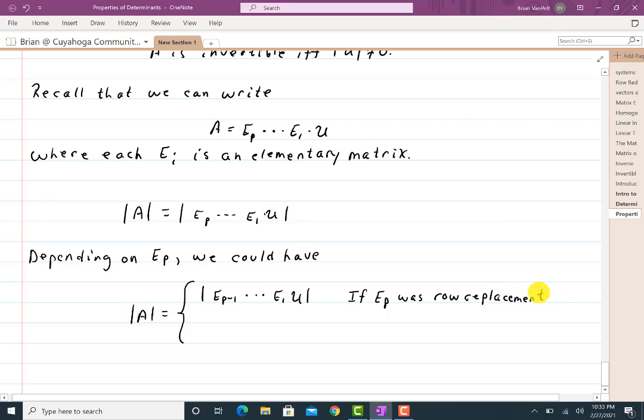Remember, the determinant's the same if you take a multiple of one row and add it to a second row. We could have the negative of EP minus 1 dot dot dot E1U if EP was a row swap.